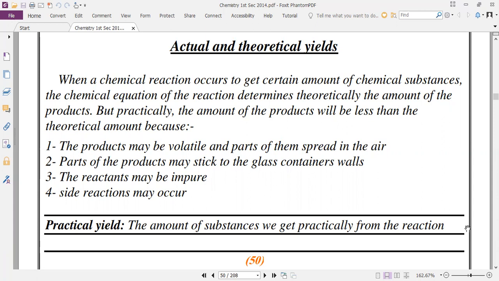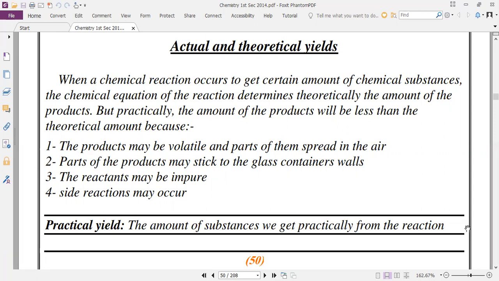The chemical equation determines theoretically the amount of product, but practically the amount of product will be less than the theoretical amount, right? Yes. Why?